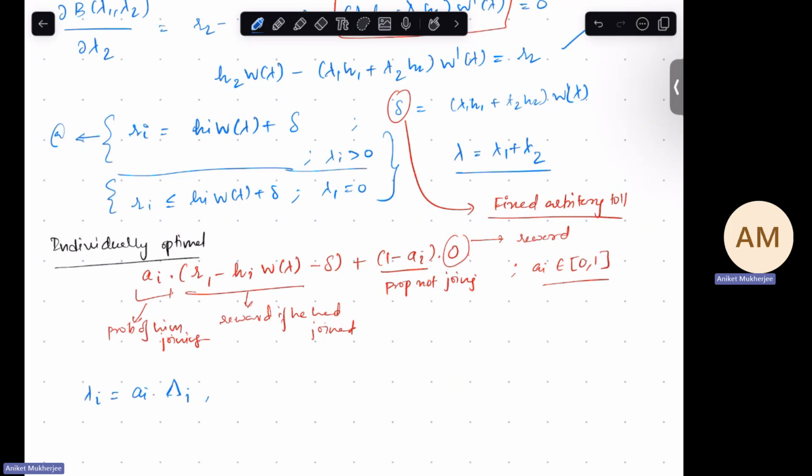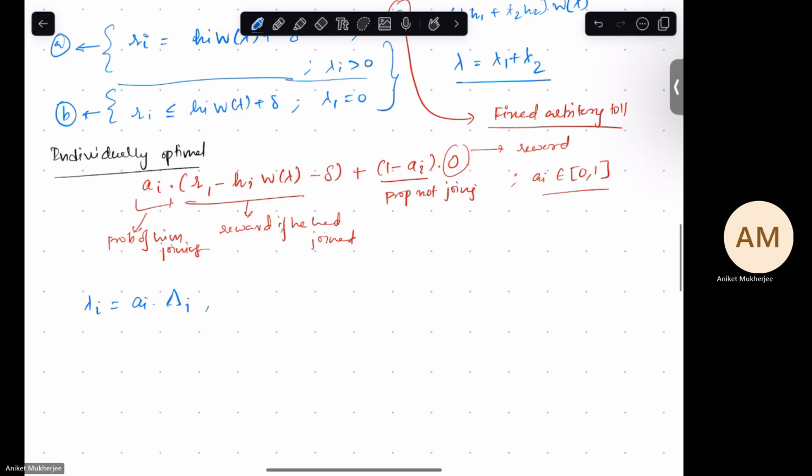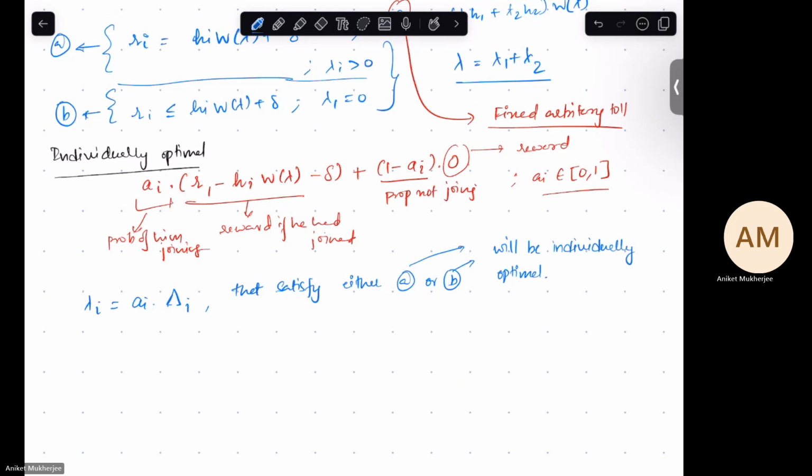Remember that for any given toll, the solution to the conditions is a Nash equilibrium. Okay.